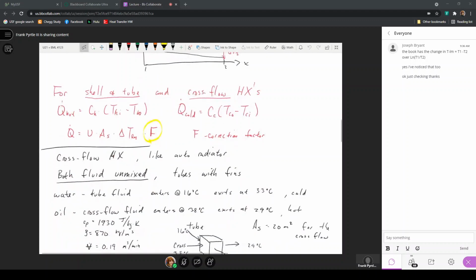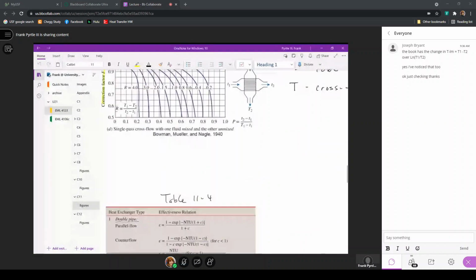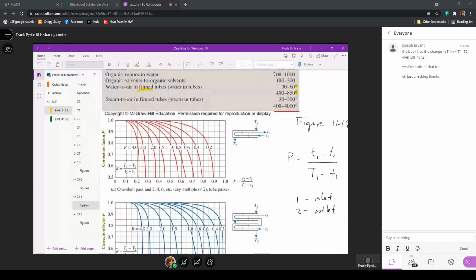So when we're considering those two types of heat exchangers where we want to use the log mean temperature difference method, it requires that we use these figures that were referenced the last time in order to find the correction factor, that is F.